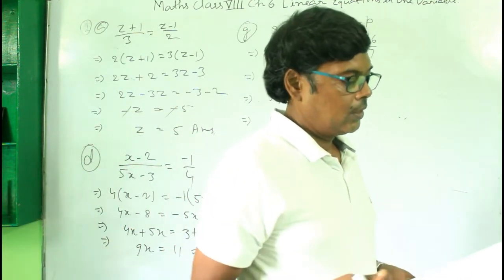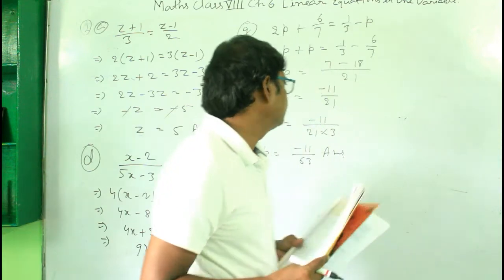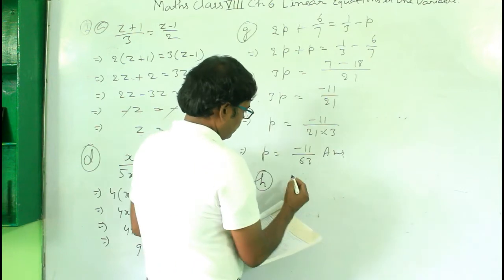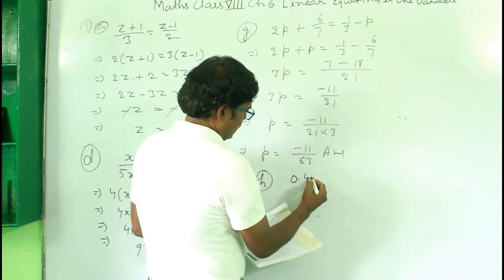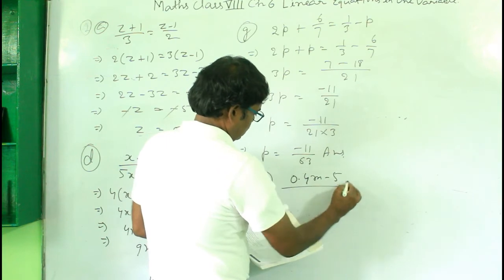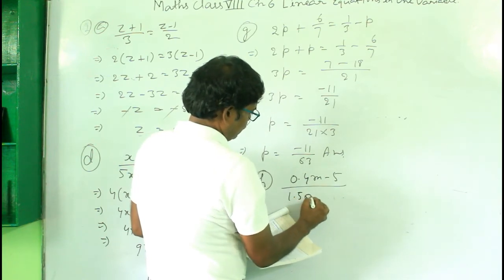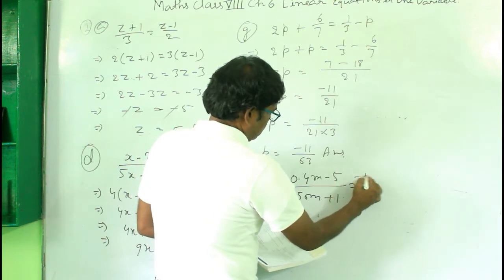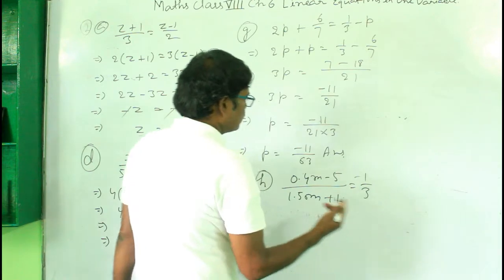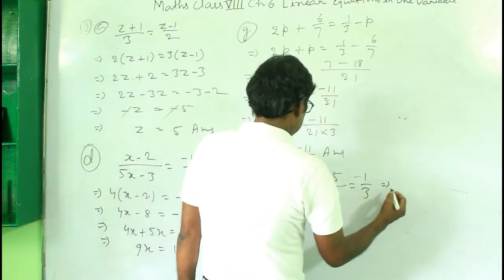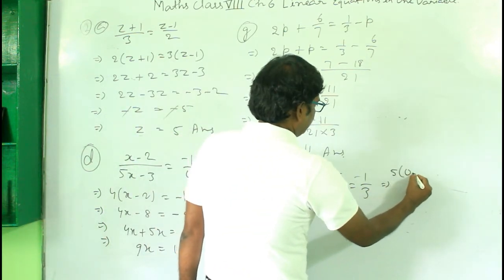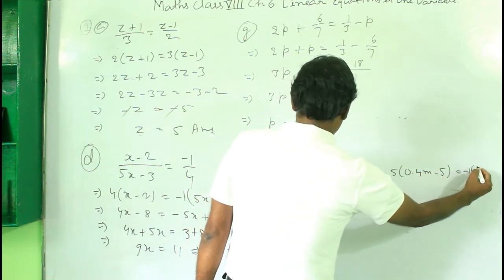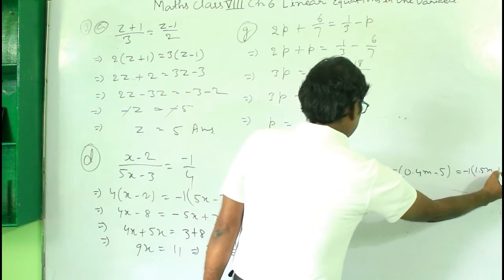Now question number H. We have here 0.4m minus 5 by 1.5m plus 1 equal to 1 by minus 1 by 3. Okay, so again cross multiply. So this will be here 5 into 0.4m minus 5 equal to minus 1 into 1.5m plus 1.